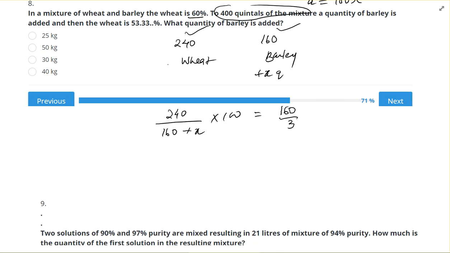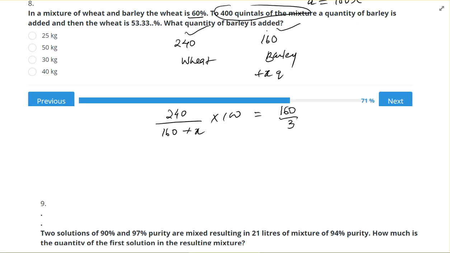In the options it is in kg, so once we get the value of X, we'll convert. But right now we have assumed it in quintals. So to 400 quintals of the mixture, a quantity of barley is added, and then the wheat is 53.33%. What quantity of barley is added?